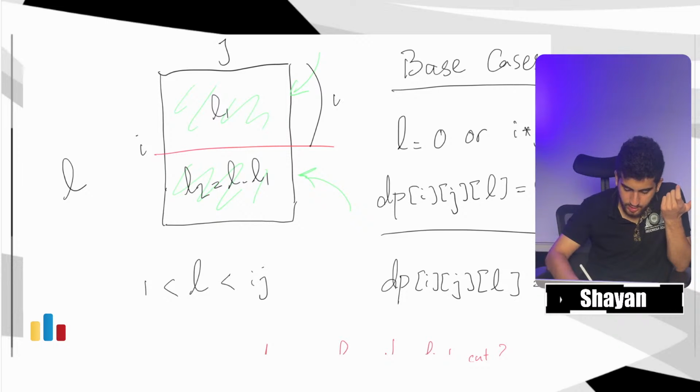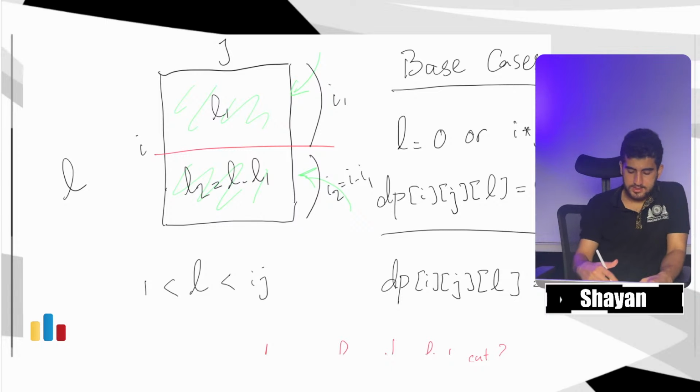So as soon as these are I1 and I2, I split it into two parts such that I2 is equal to I minus I1, and the chocolates are L1 and L2.